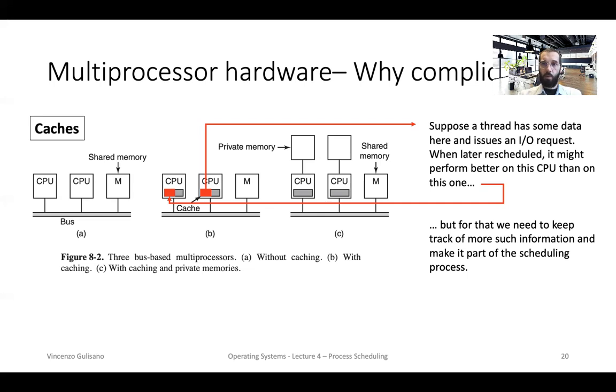There was something more I wanted to say here. Yes, in fact, if you are familiar with C programming, you know that when you start a process, you can tell the operating system that you want this process to be pinned to a specific core.